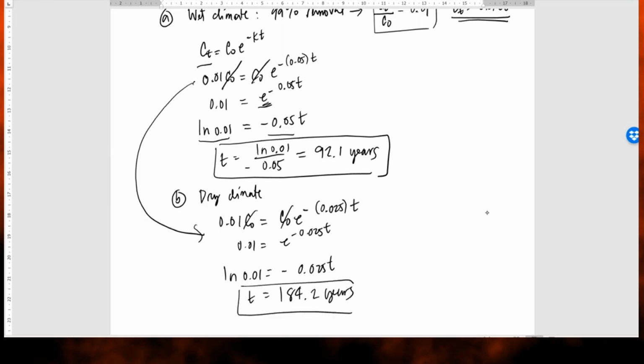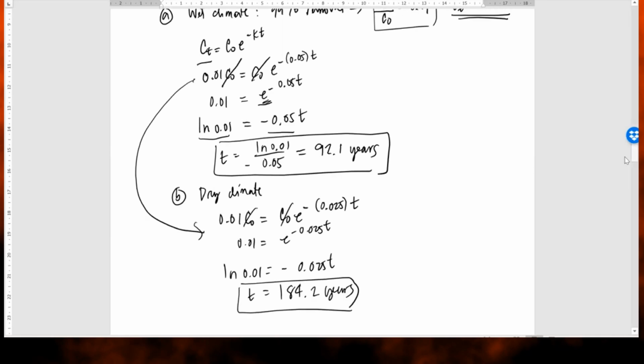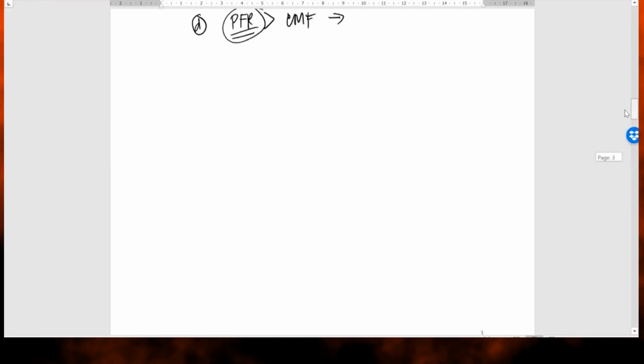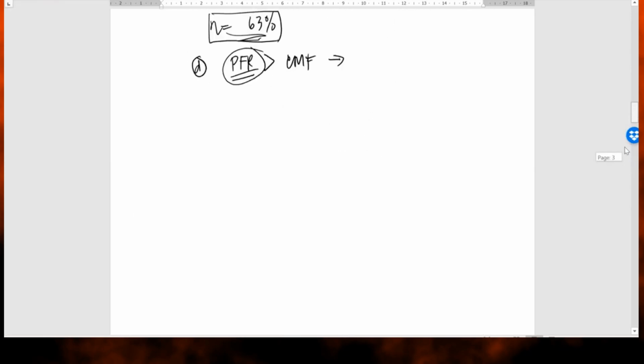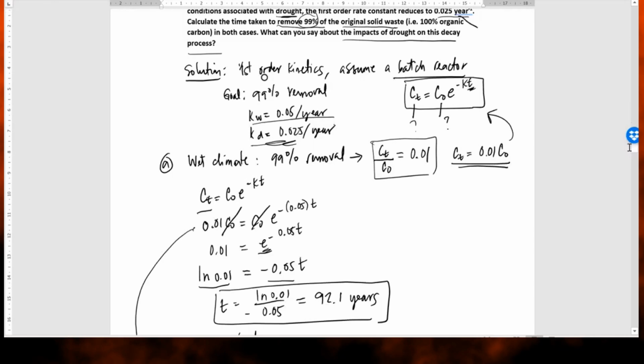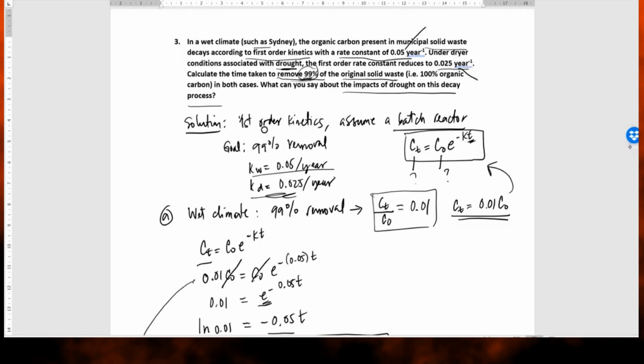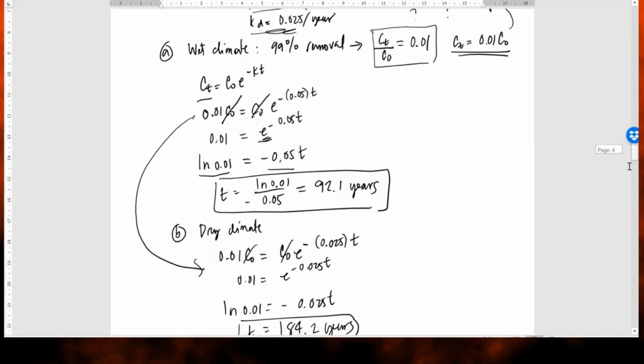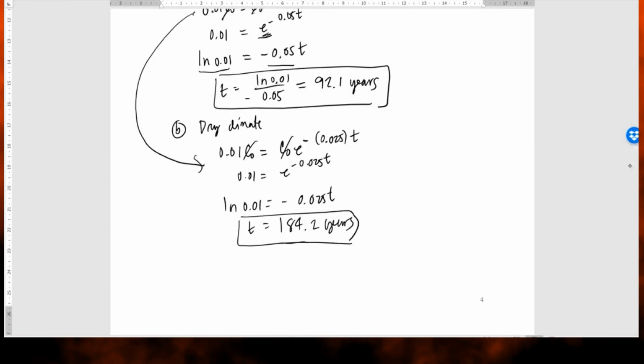All right. So what was the question? It takes this long. For this specific problem, it takes more than 90 years for the 99% removal of the organic carbon present, for wet. And of course, for dry, it doubles, about 184 years, right?